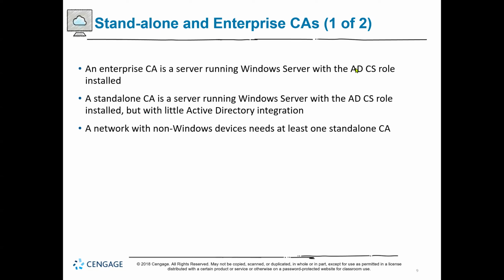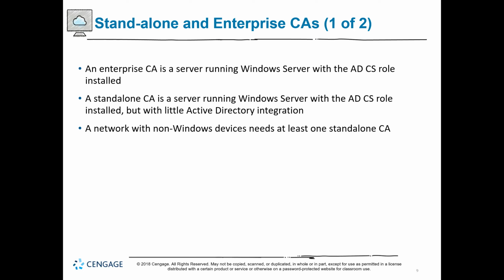Standalone and enterprise CAs. An enterprise CA is a server running Windows Server with the ADCS role installed. A standalone CA is a server running Windows Server with the ADCS role installed, but with little Active Directory integration. So that's the difference there. A network with non-Windows devices needs at least one standalone CA.